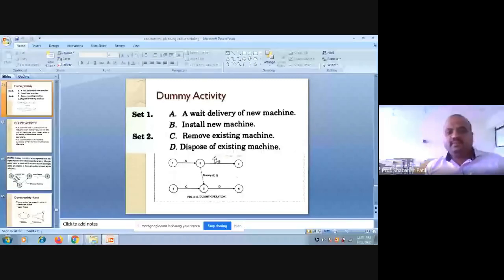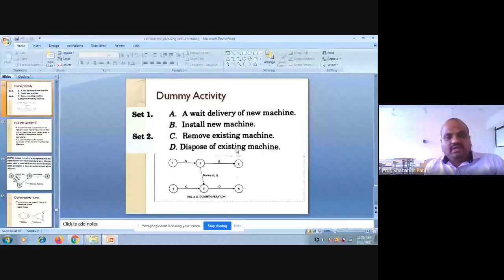At the same time, I can remove my existing machine only when I get the new machine in the organization. Once that has reached, parallelly I can remove the existing machine. Then, once the new one is installed, I go for disposing of the existing machine.